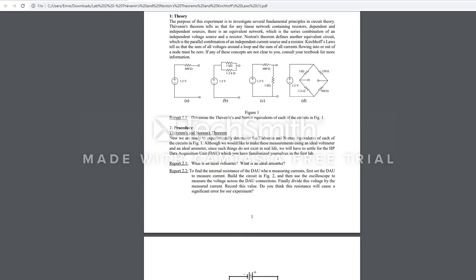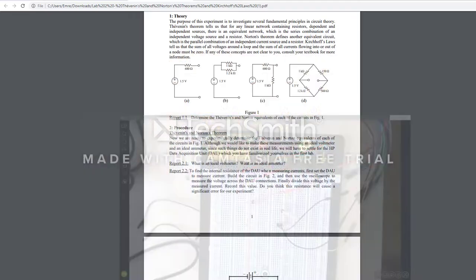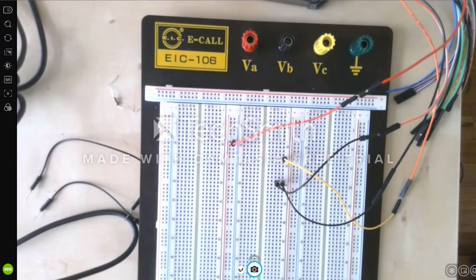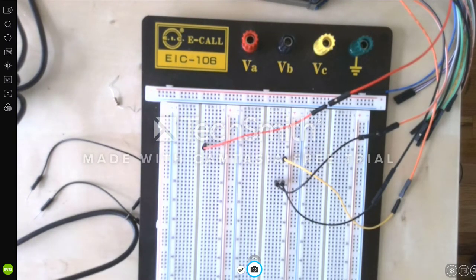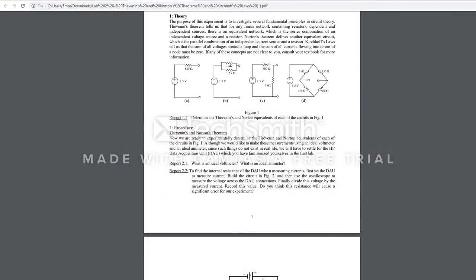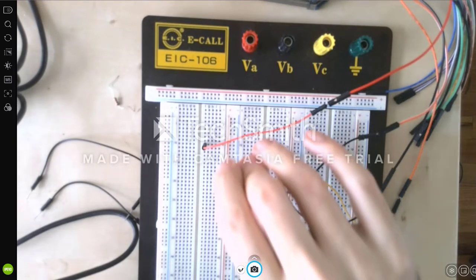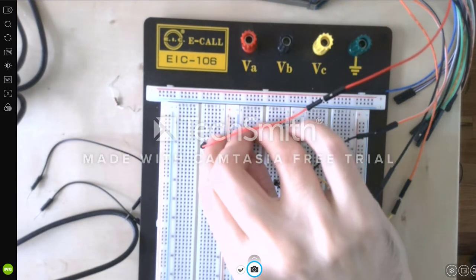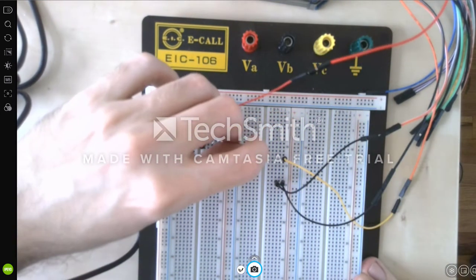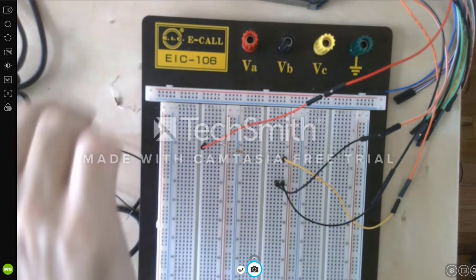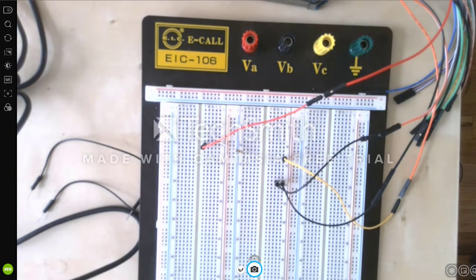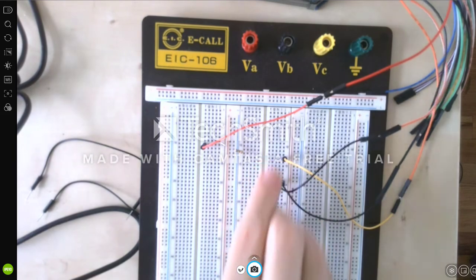Let's put our DC supply here. Connect our 680 resistor and 1K resistor in series.